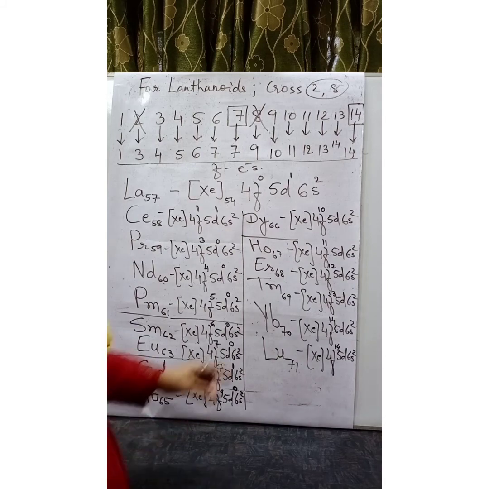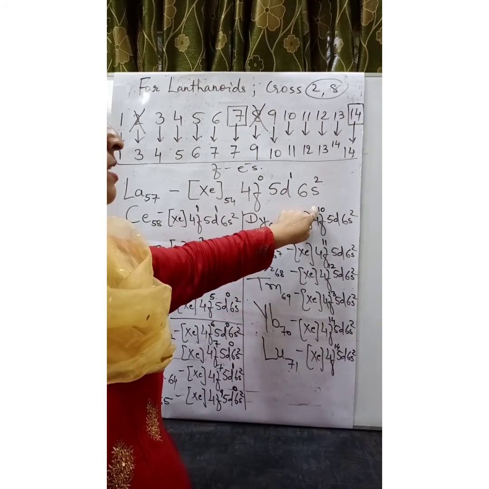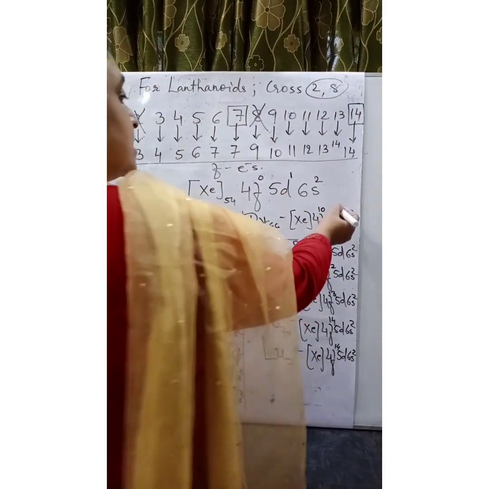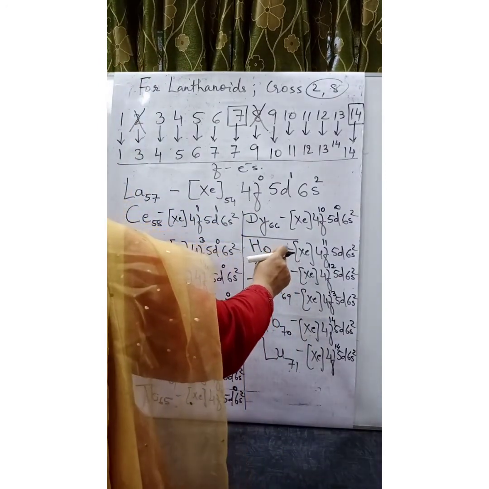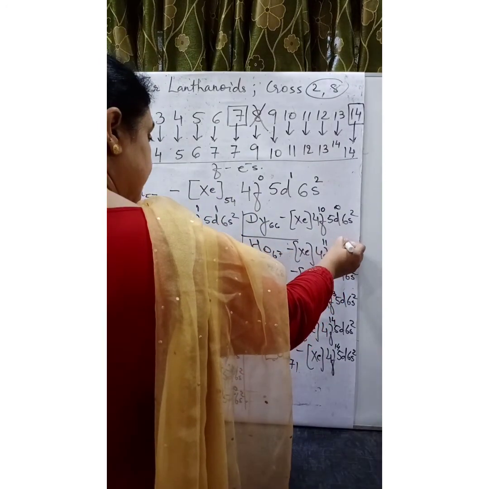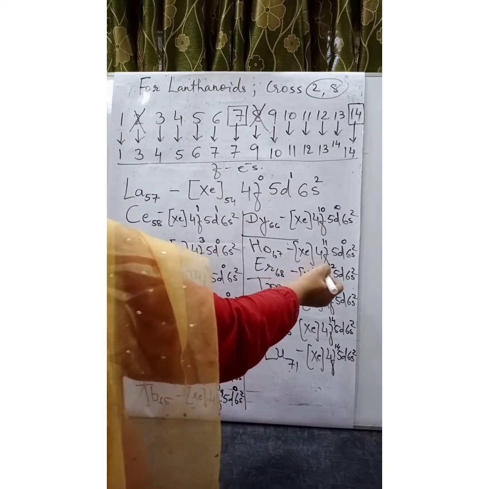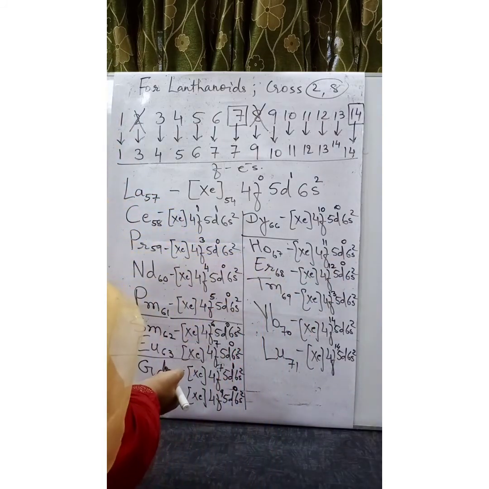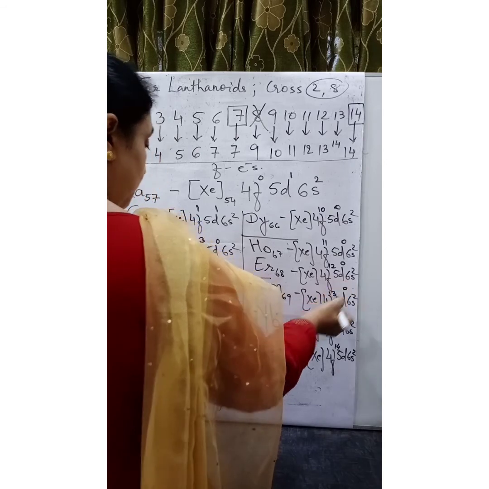Now you find out the 5d electrons. So 54 plus 10, 64, 64 plus 2, 66. So 0 here. Same way when you work out for holmium, you will get 0. Same way when you work out for erbium, you are going to get 0. Then for Tm, when you work out, you will get 0.